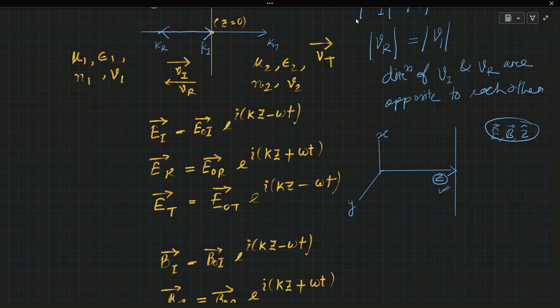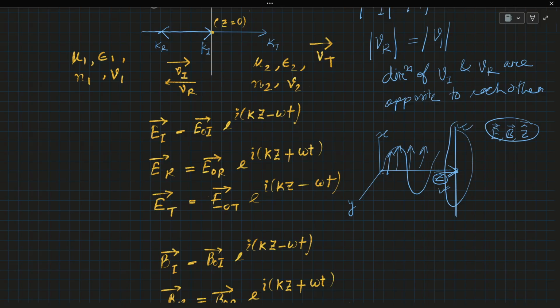Now the electric field is only in the x direction, so it oscillates like this in this medium. The boundary is like this, so the whole electric field is parallel to this boundary. The only perpendicular direction is z.